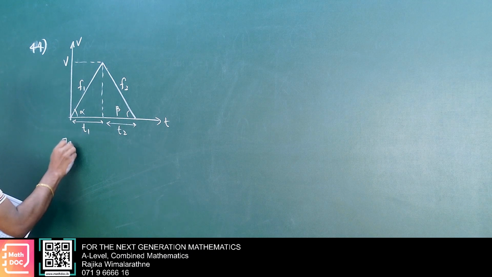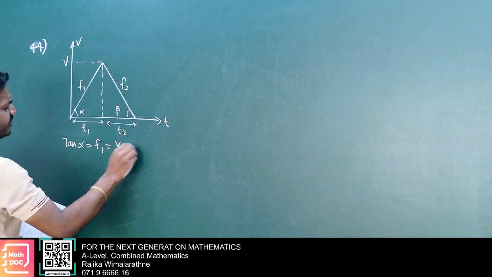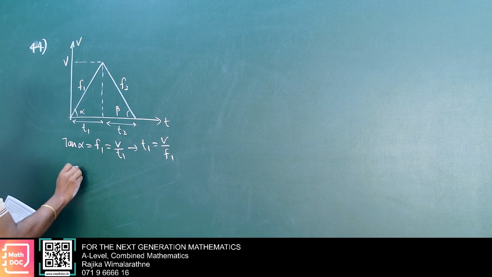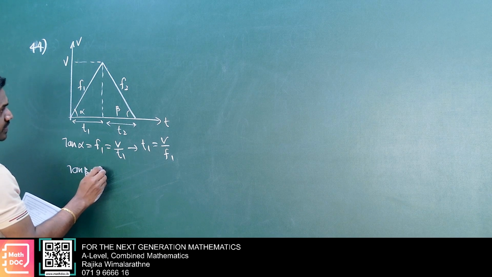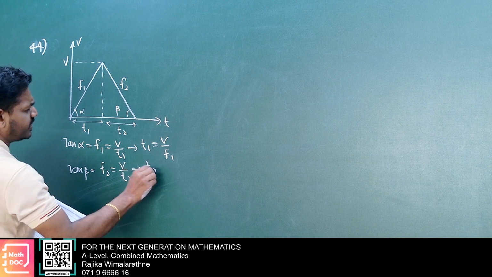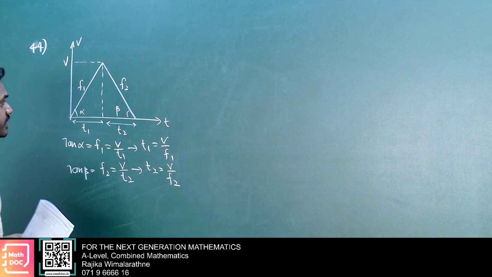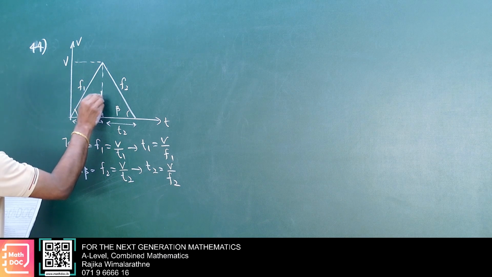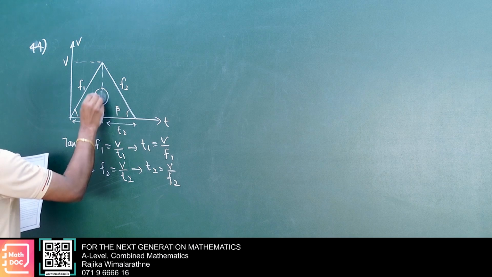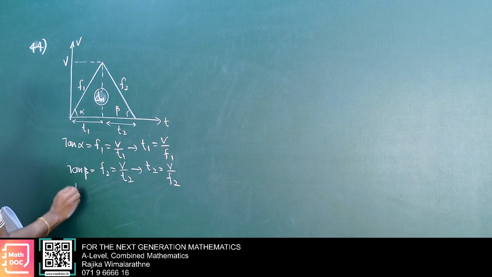Then tan alpha is F1, V over T1, T1 is V over F1. Then tan beta is F2, V over T2, then T2 time is V over F2. Then we need displacement here, minimum length, let's say DM, minimum displacement.